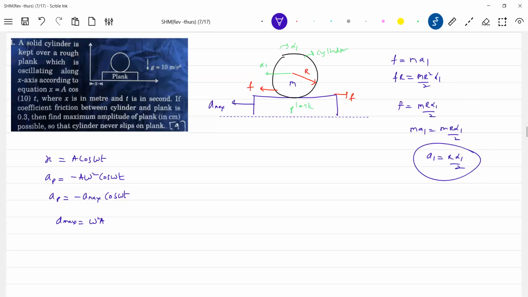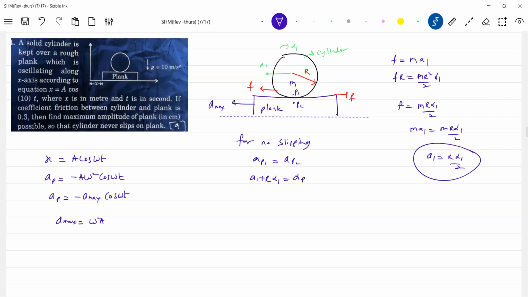Condition for no slipping: acceleration of point P1 should be equal to that of P2. Acceleration of point P1 is a1 plus r alpha 1. This is aP2, I'll write it as the acceleration of the plank. So this will be, I think, r alpha 1 equal to a1.